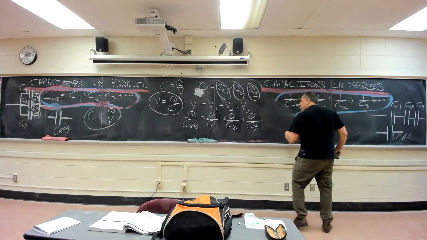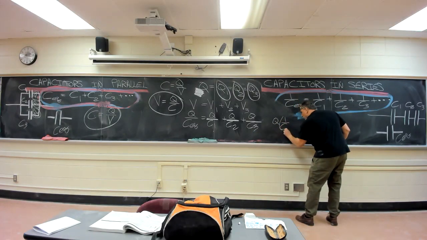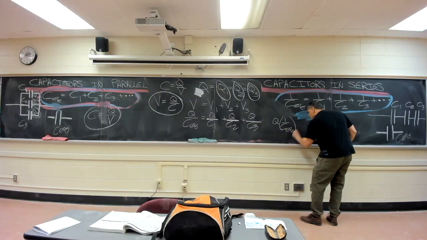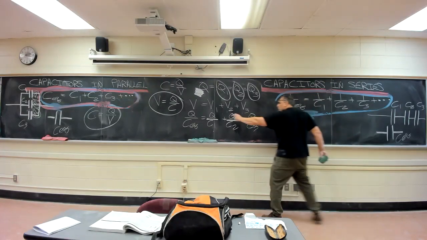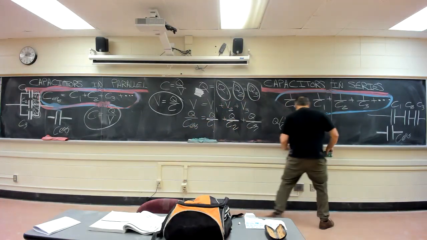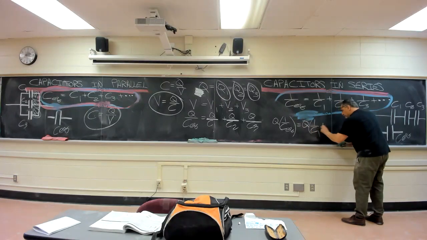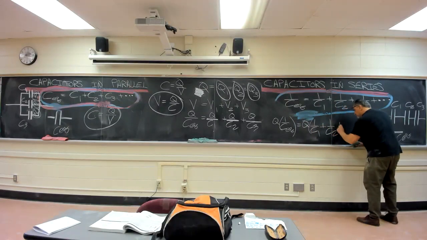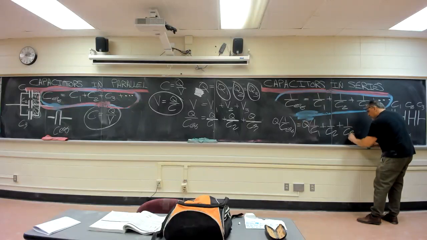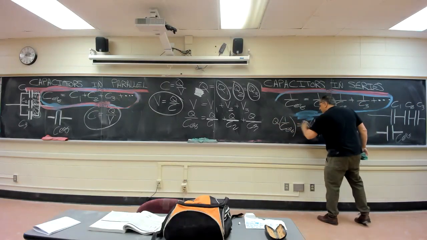Q1 equals Q2 equals Q3 equals Q. Here goes nothing. Pull a Q out of there. Get 1 over C EQ. Pull a Q out of here. Pull a Q out of all this. You know where this is going. Divide by Q on each side.